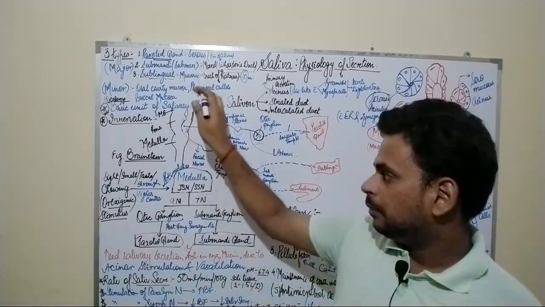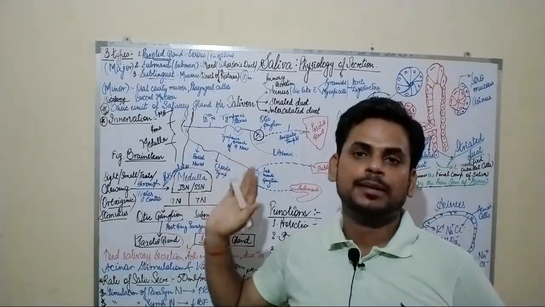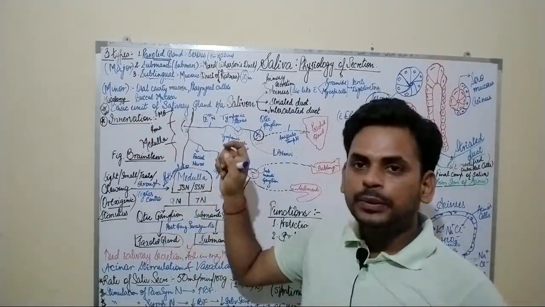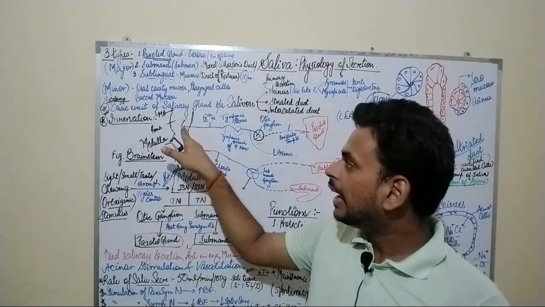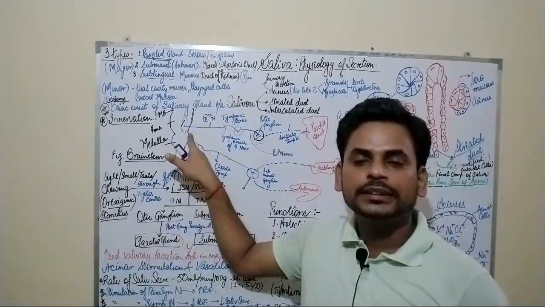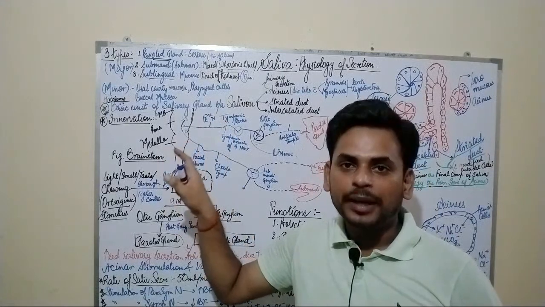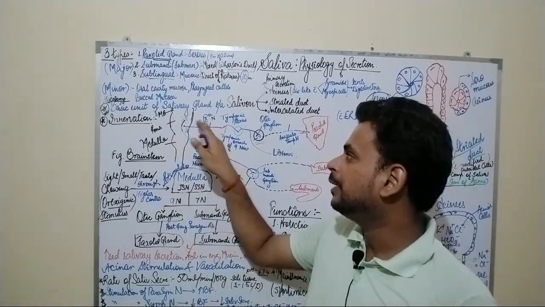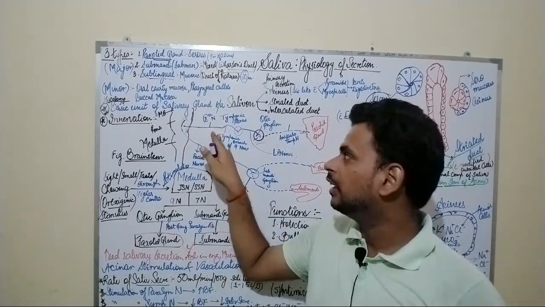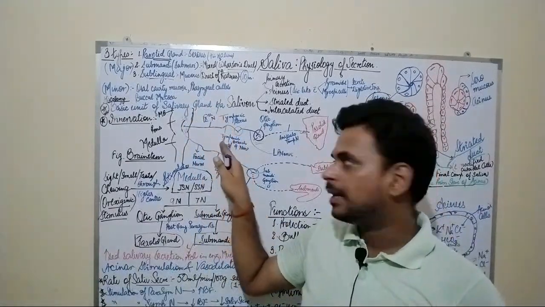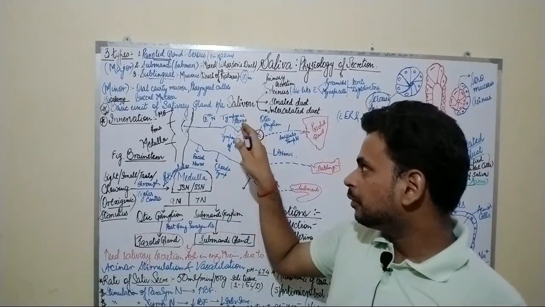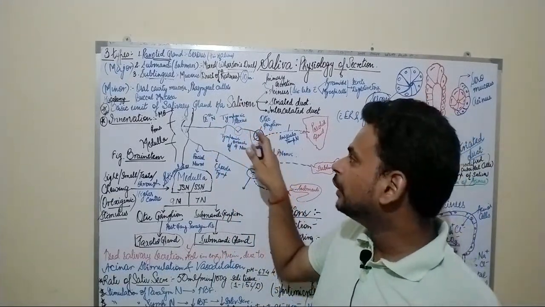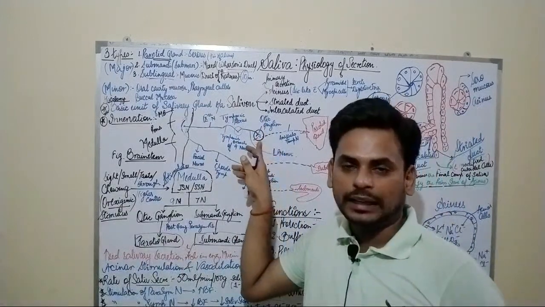So students, very important, it is the parasympathetic supply in the innervation. From the inferior salivatory nucleus, the preganglionic fibers originate, pass through the glossopharyngeal nerve, its tympanic branch and tympanic plexus, and through the lesser petrosal nerve finally relay in the otic ganglion.